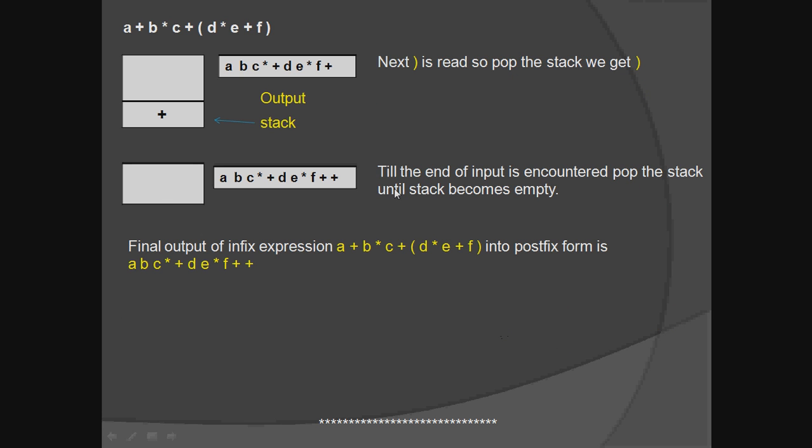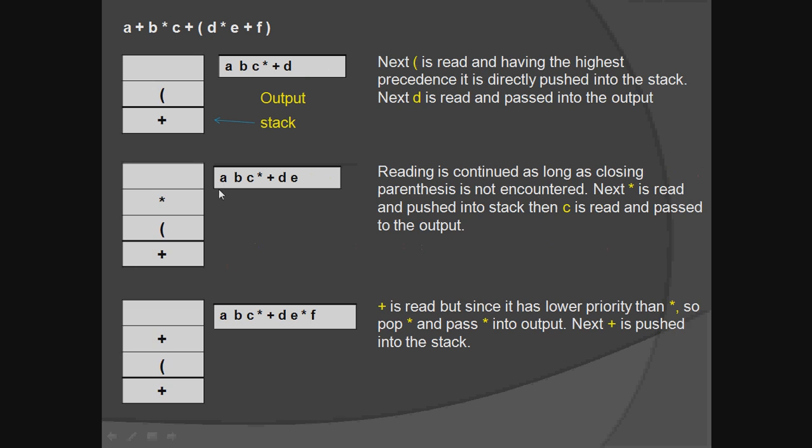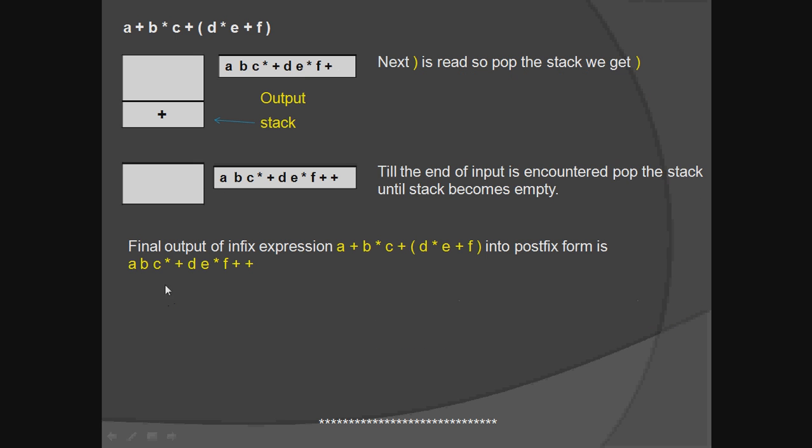After that, the closing bracket is read, so pop the stack. Once the closing bracket is encountered, the plus that was in here will start popping out. That means once you have reached the closing bracket, all the operators that are inside the stack will be popped out, removed one by one.